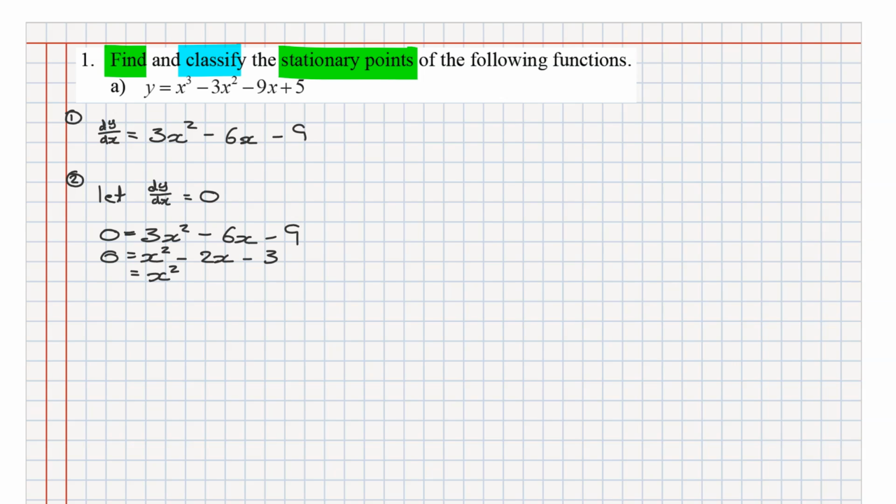It's going to be x squared minus 3x plus x minus 3, so x times x minus 3, plus x minus 3. Factorizing, the factors for this particular problem are x minus 3 and x plus 1. So x equals positive 3, or x equals negative 1.